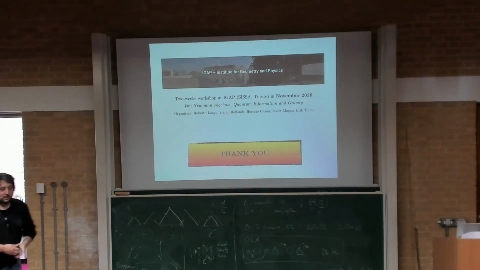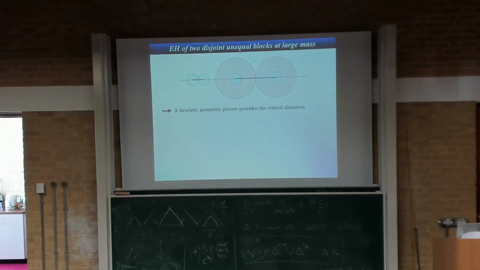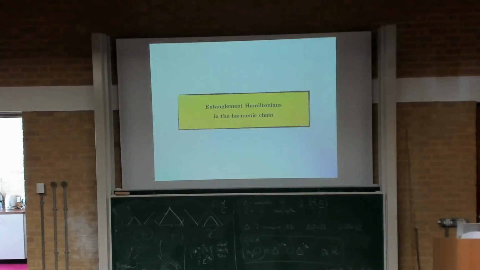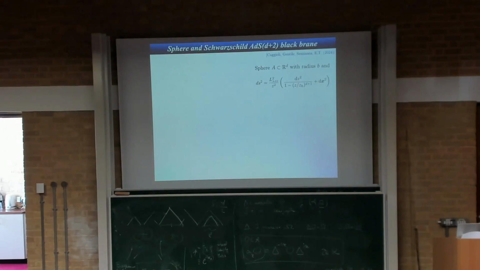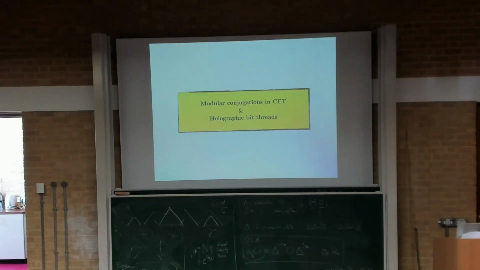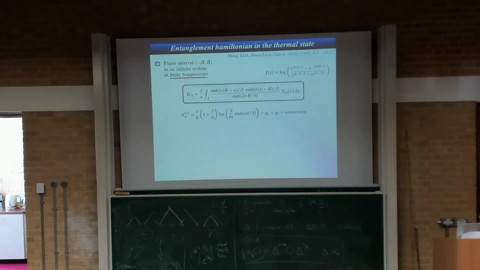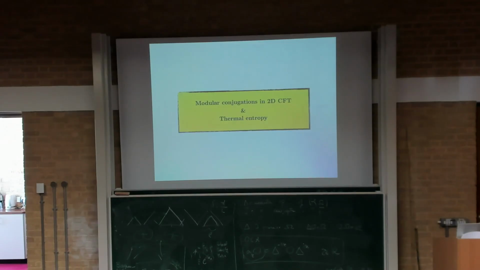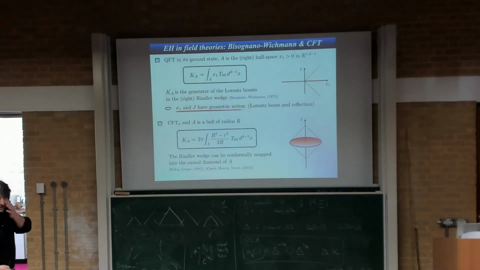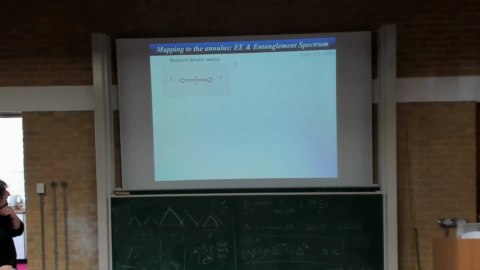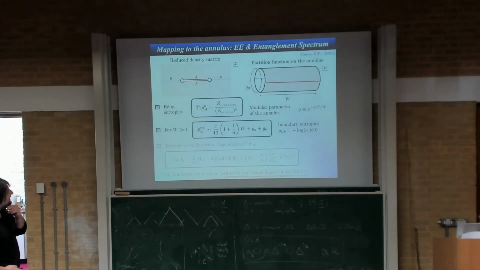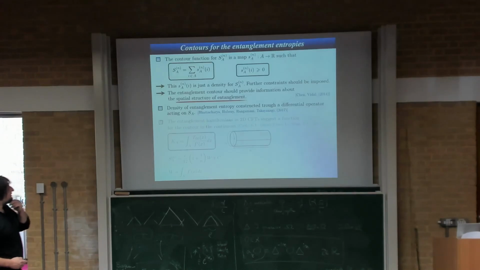Which one? Stop me. Which color? The entanglement Hamiltonian matrix. Ah, yes. Okay, sorry.